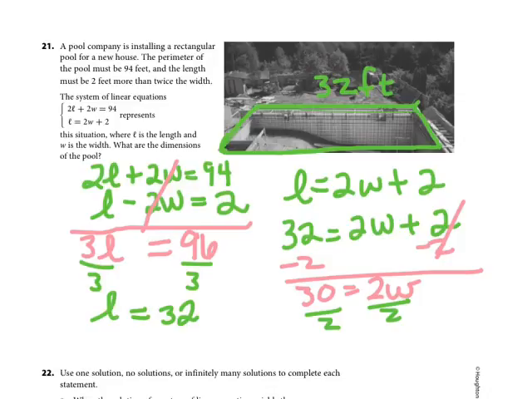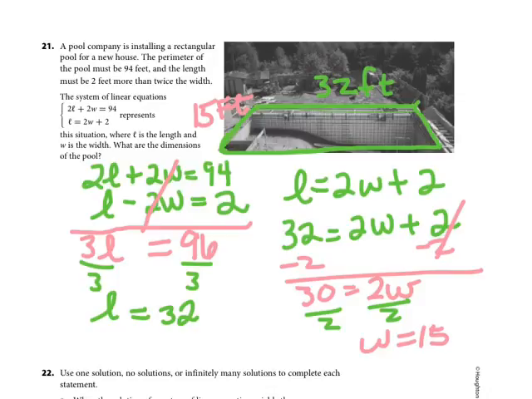And that means my width is equal to 15, because 30 divided by 2 is 15, or half of 30, right? Dividing by 2 is half. You're cutting it into 2 pieces. Half of 30 is 15. So we actually know that this width is 15 feet.